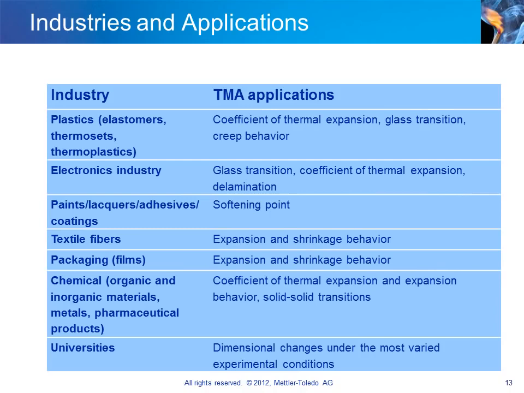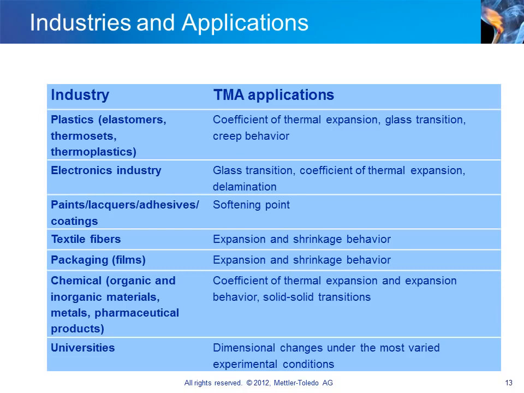TMA can also be used to determine the softening temperatures of coatings, lacquers, and adhesives to check that curing is sufficient. In the textile and packaging industries, TMA is often used to characterize the expansion and shrinkage behavior of films and fibers. Creep and recovery of elastomers for sealing applications is also an important application.